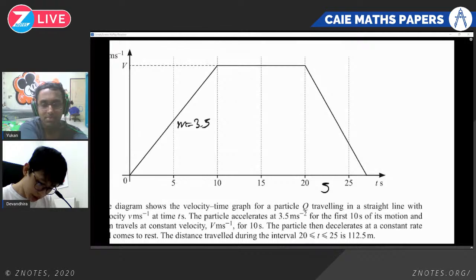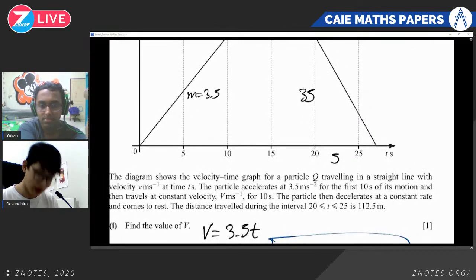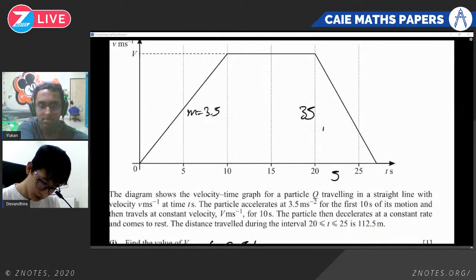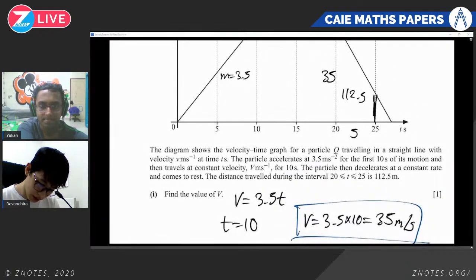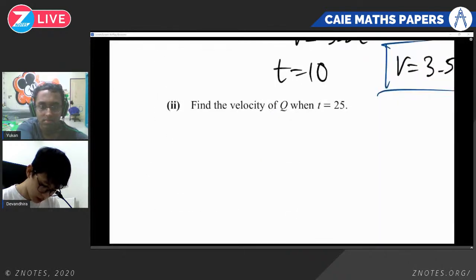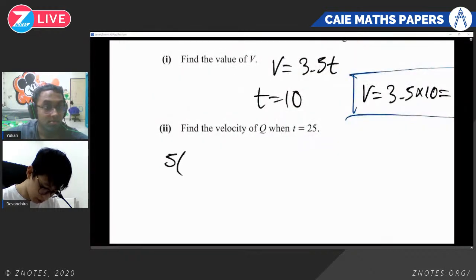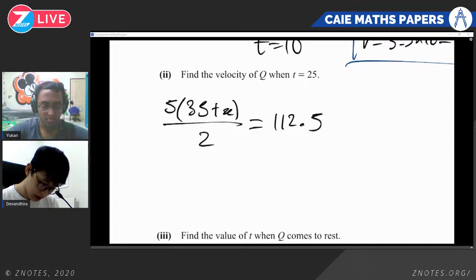So from here, we know that this height right here is just 35, correct? And by what Eugen said, the area is 112.5. We can use the trapezium formula for the area to find the height of this. Let's call it x. So we have the height here, 5, times 35 plus x, over 2, is equal to 112.5. Then we just have to solve for x. Multiply 2 to both sides.